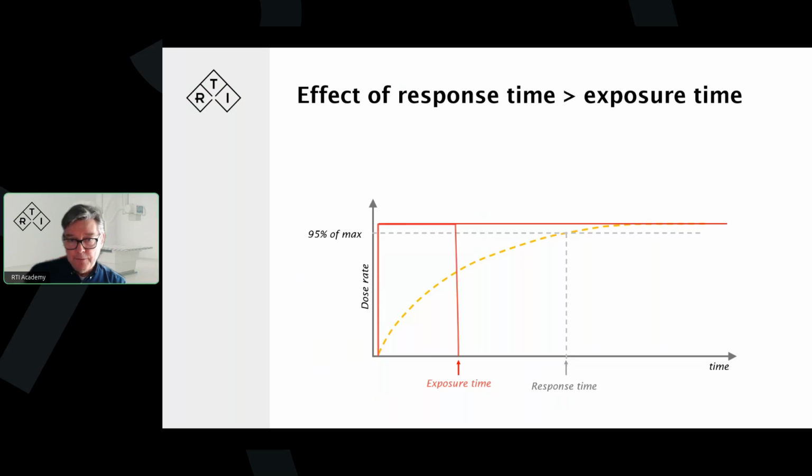Well, you'll see here that it comes up only to this level, and then it doesn't go up any further because there's no radiation, so it drops here. That means we'll have a gap here, where the reading of the dose rate value would be lower than the actual value.